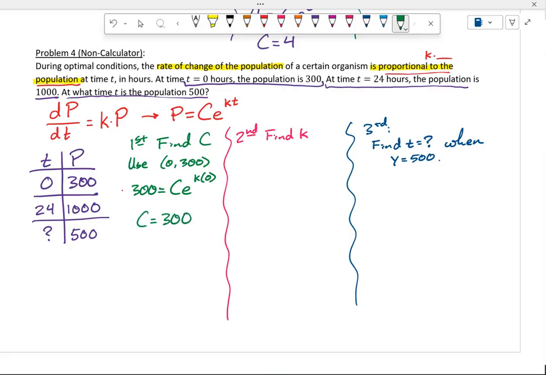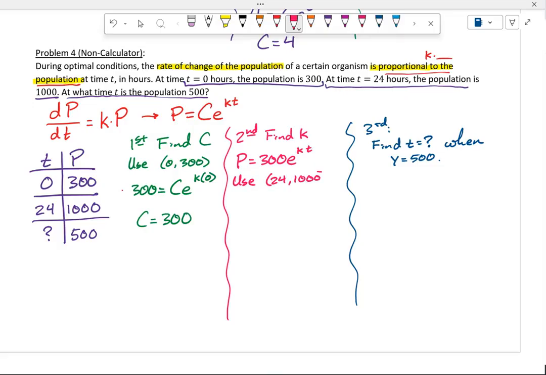So we now know that C equals 300. So P equals 300 e to the kt. What point would we use next? The next one. So now use 24, 1000 to find your k. All right, go ahead and keep going. We'll check in another minute or so. See what you got for k.